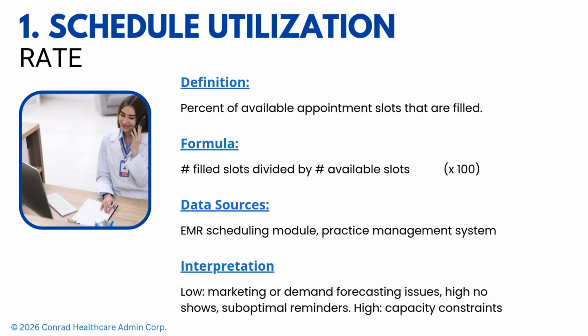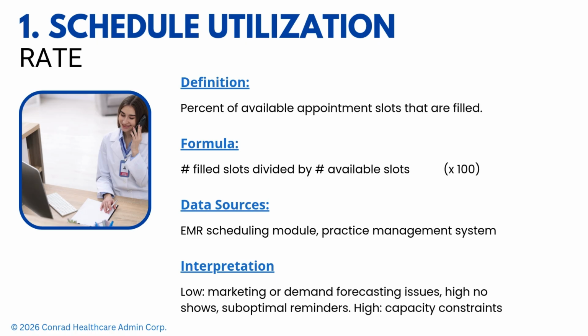When interpreting the schedule utilization rate, a low rate can tell us that we are not marketing effectively. It can be because we have a demand forecasting issue. Maybe the practice's hours don't really match patient demand and their needs.